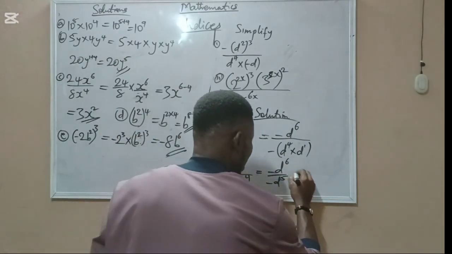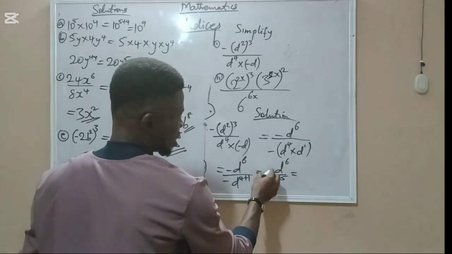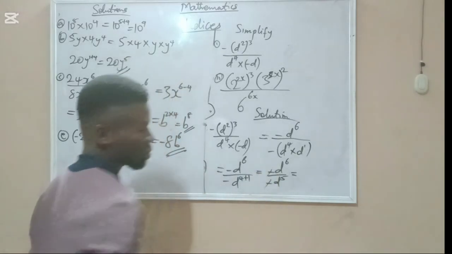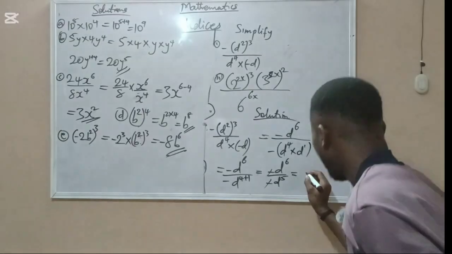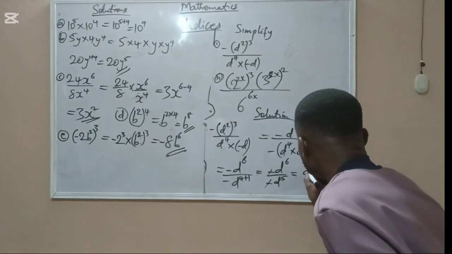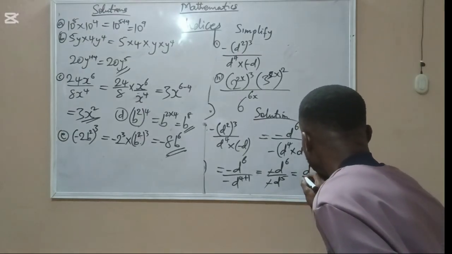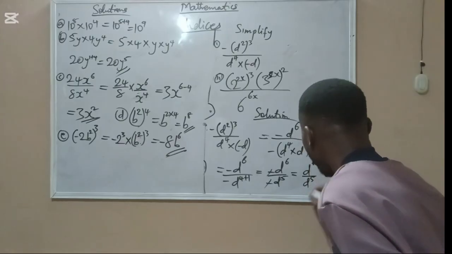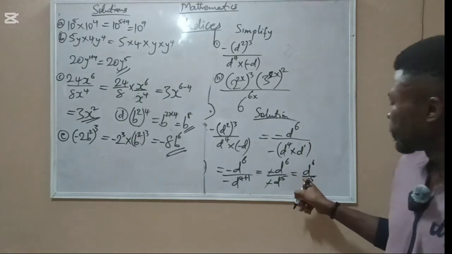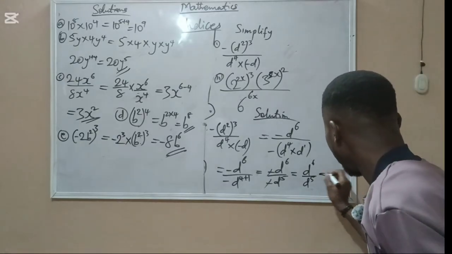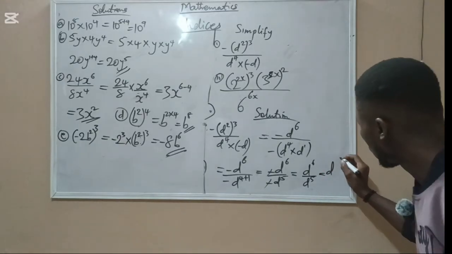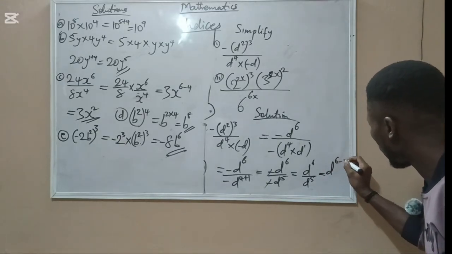And finally, when these two go, this one cancels this one, we are left with d^6 all over d^5. And when we use the rule of division from the laws of indices, we will have d raised to the power 6 minus 5.